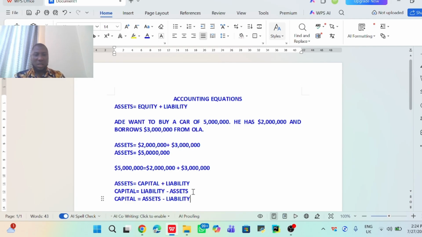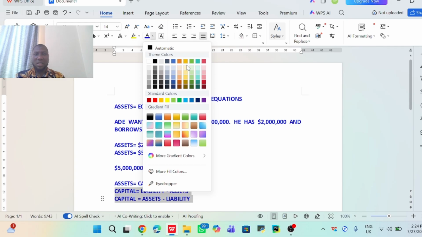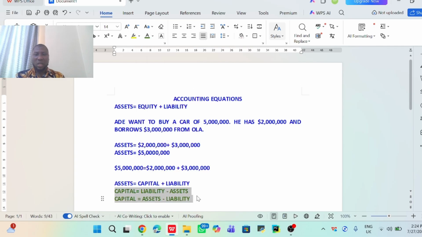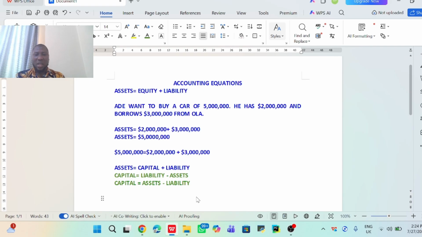Do you understand what I'm saying? That means we can interchange this and say that asset minus liability will give us capital. That means for us to know the amount of money we used to start a business, we subtract the money that we borrowed from the asset that we own.